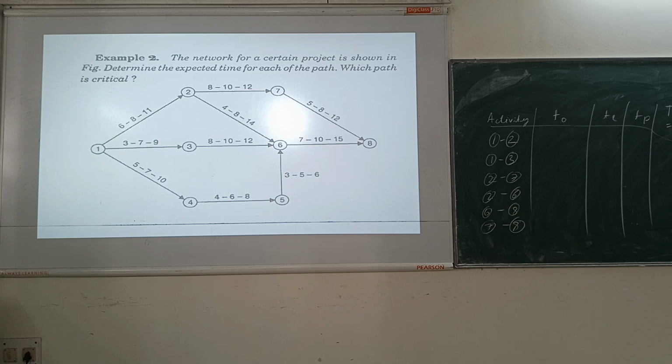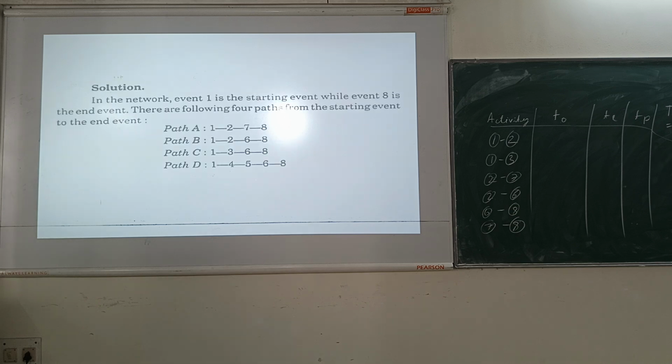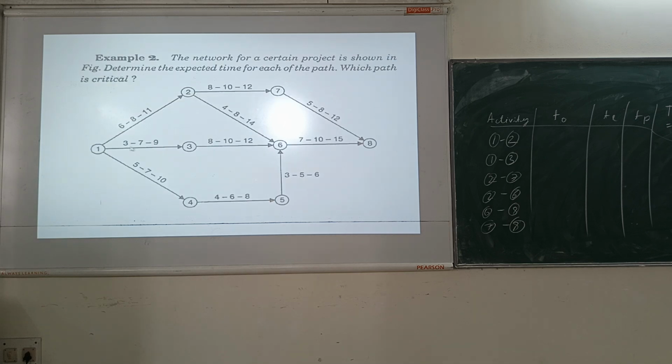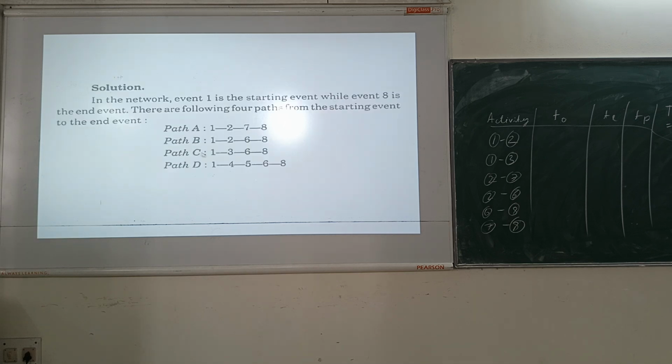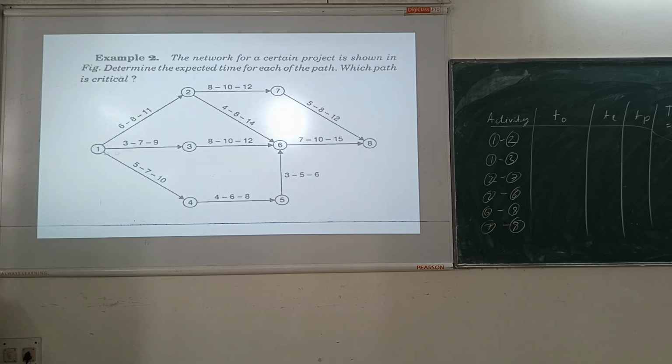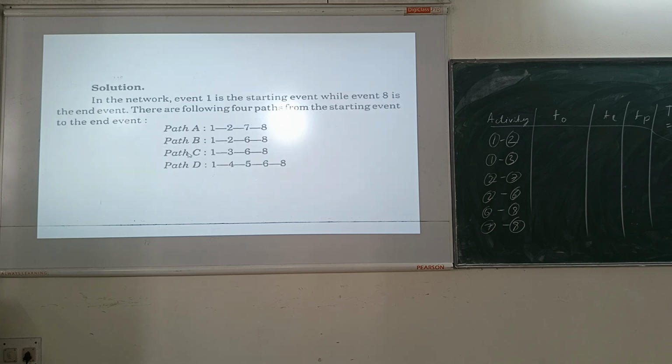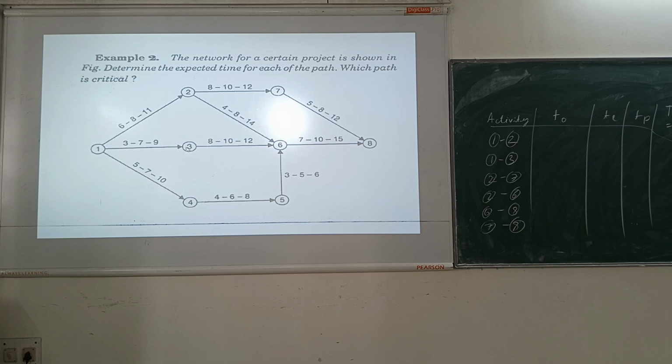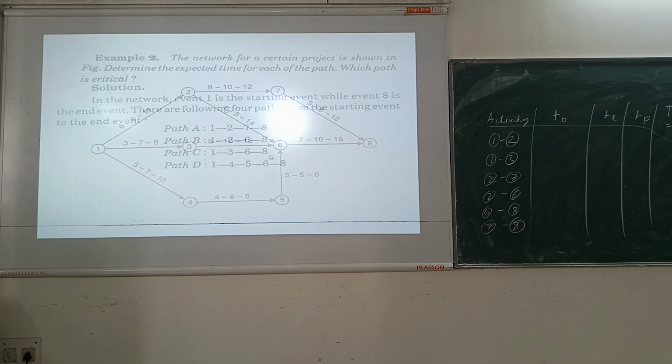Moving to the next slide. See how many paths you can see. Path A, suppose 1 2 7 8. Path B, 1 2 6 8. Path C, 1 3 6 8.